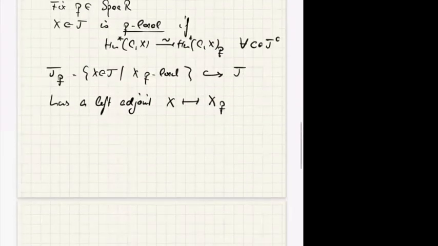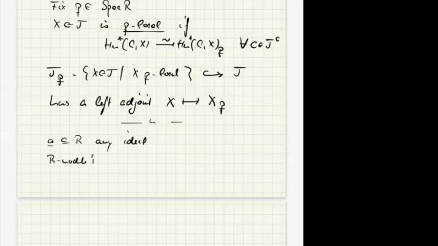Now I'll talk briefly about p-torsion objects. When A is any ideal, of course homogeneous, then we say that an R module M is A torsion if M localized at Q equals 0 for any ideal Q which is not containing A. So that's one way of defining torsion.